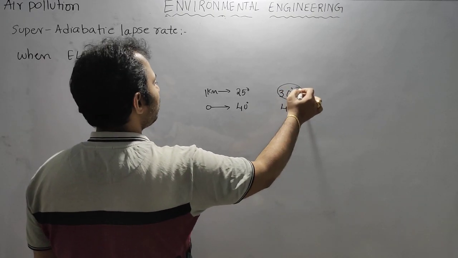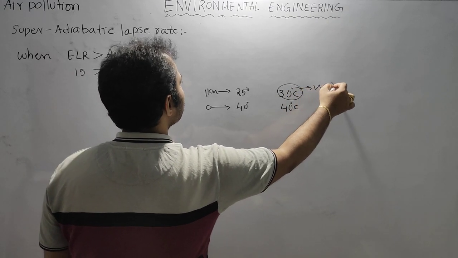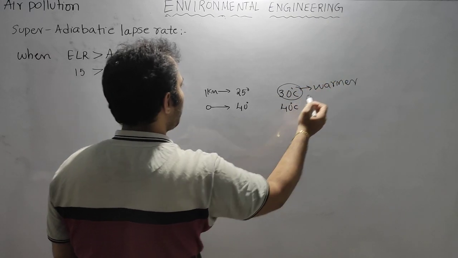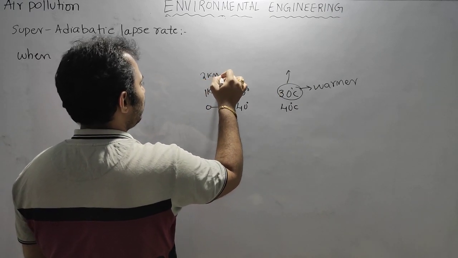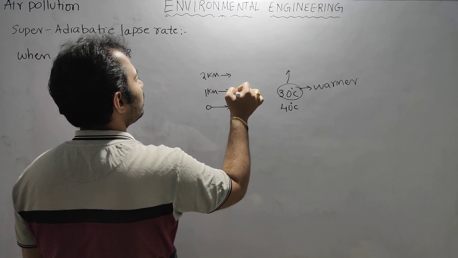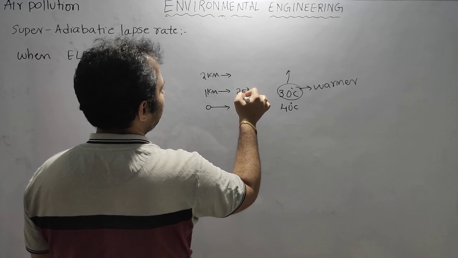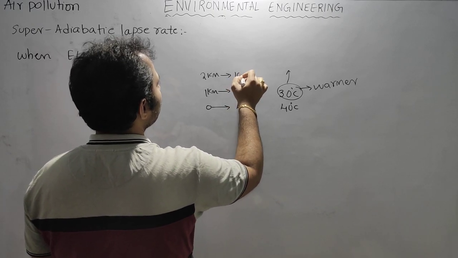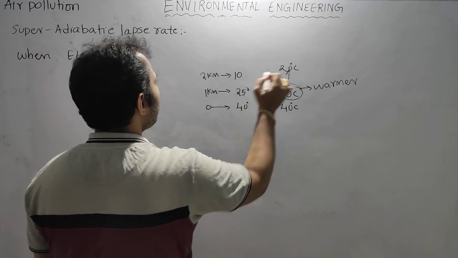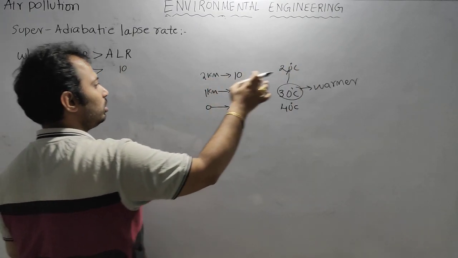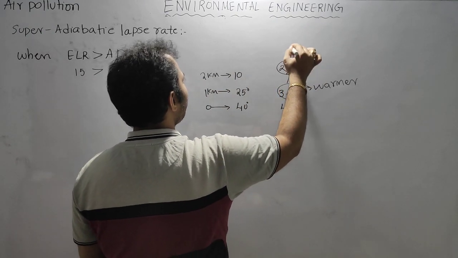The pollution parcel is warmer, so it will go up to the second kilometer. At the second kilometer, the environment becomes 10 and the parcel becomes 20 degrees. Which one is warmer now? The parcel is warmer. Again it will go up.